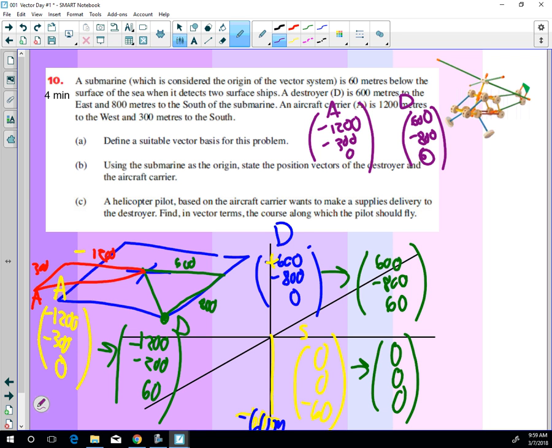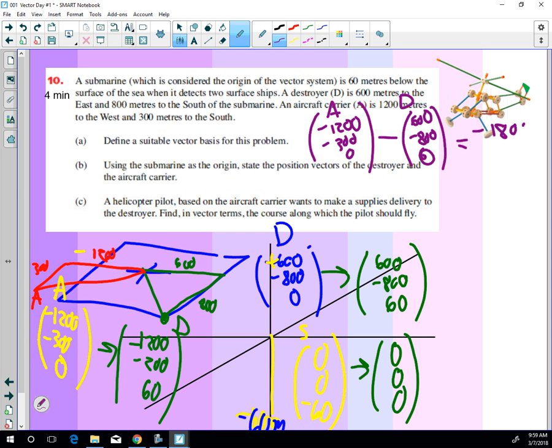We want to know how far they're going to have to go, how far it is from D to A. So I just subtract them. So you're just going to get negative 1,800. You subtract A from D, because D is your destination.